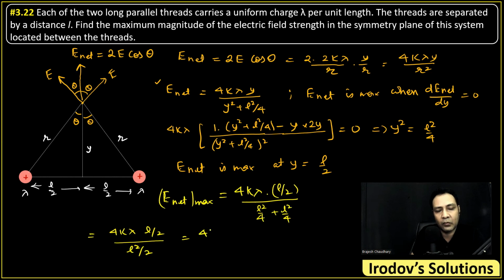So that will be 4k lambda by L. Putting the value of k, which is 1 upon 4 pi epsilon naught, we get lambda by pi epsilon naught L. That is my E net max, and this is our answer. Thank you.